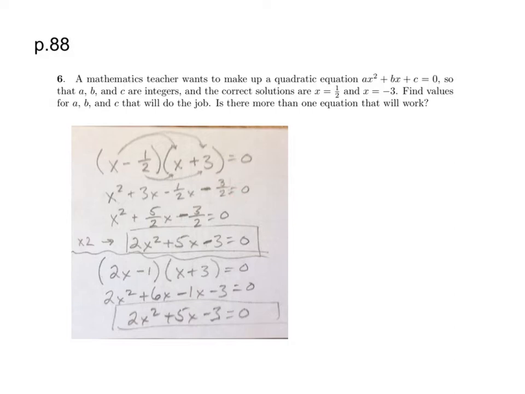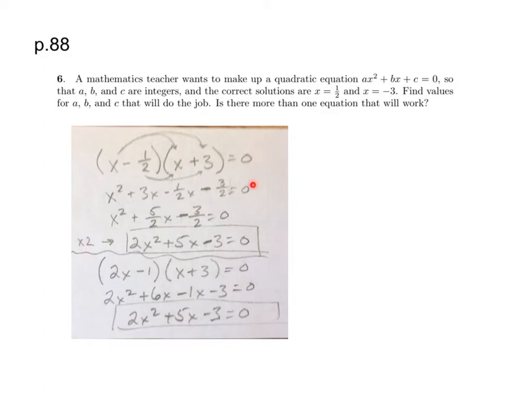first of all, understand that factors are solutions to quadratics, and in fact, to any functions. So here, I said, okay, x equals 1/2, so one of my factors is x minus 1/2. X equals -3 is another solution, so its factor would be x plus 3. Those have to multiply to equal 0.